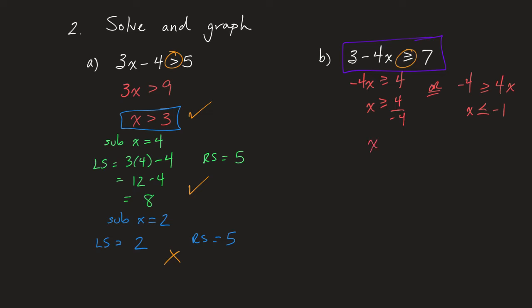And so when I did that, I got a 1. It happened to be negative, and it was negative because I divided by a negative number. And we need to remember a little rule with inequalities: every time I divide or multiply by a negative number, I have to change the sign of my inequality.